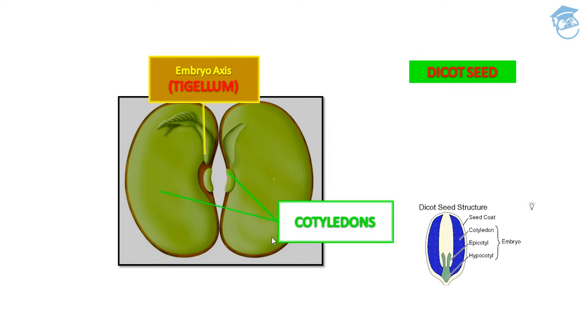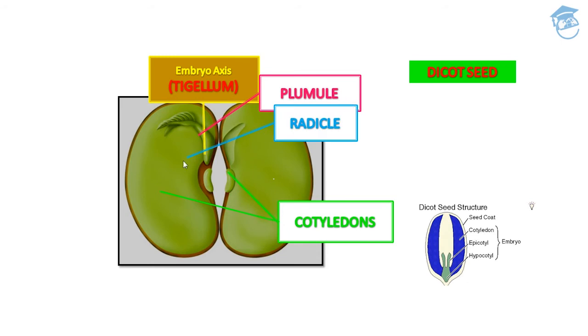These two are the cotyledons, and this is the axis called tigellum, and this is the plumule part, which gives rise to the shoot system of a plant body, and this is the radicle, which gives rise to the root system of a plant body. So plumule gives rise to the future shoot, and radicle gives rise to the future root.